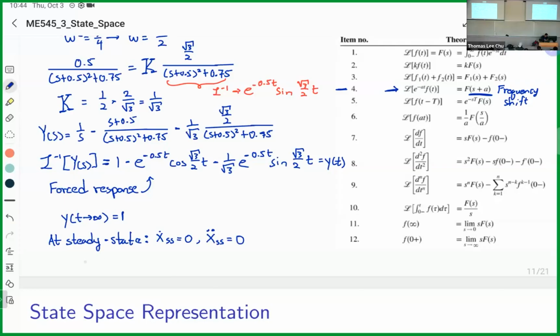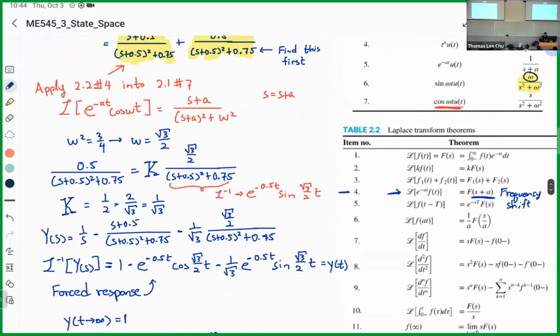Then in our differential equation, x double dot plus x dot plus x is equal to f of t, at steady state we just get x is equal to f of t, which is equal to 1 because it's a step input. So this is another intuition check. Does that answer your question originally?